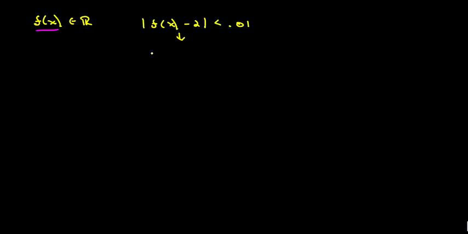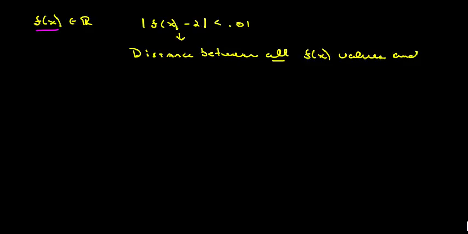So what this says is that the distance between all f of x values and 2 is strictly less than 0.01. So on a number line, I'm going to look at this vertically just so that it helps you out thinking about function values. But it's the same idea, I'm just turning the number line sideways.